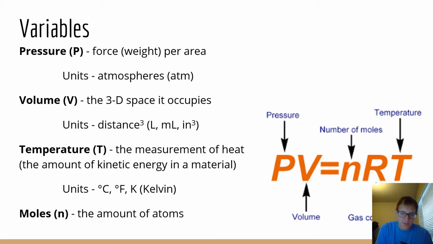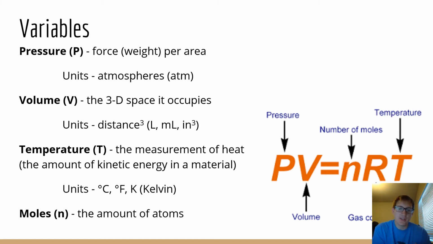So if we have PV equals nRT, and I'm holding pressure constant, keeping the same pressure no matter what, and I increase the volume, then either the number of moles or the temperature is going to have to go up to compensate for that.